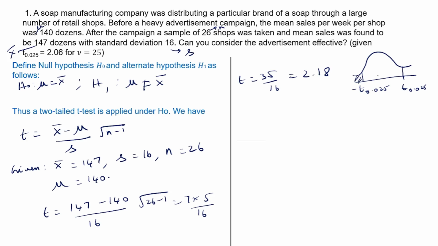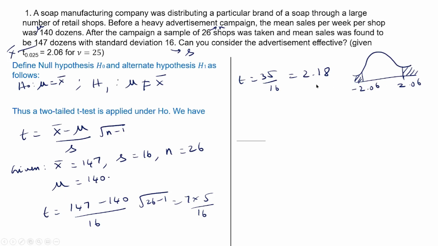This is the region of rejection. The value of t 0.025 is minus 2.06 on this side and here we have plus 2.06. This region is the region of rejection and this is the region of acceptance.